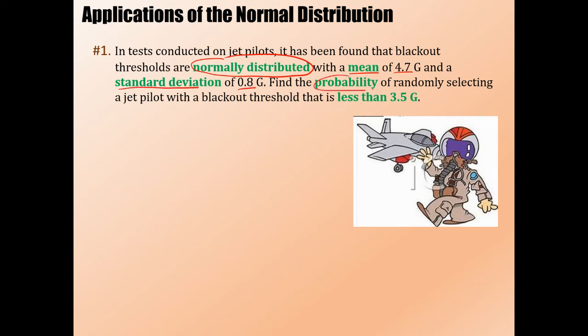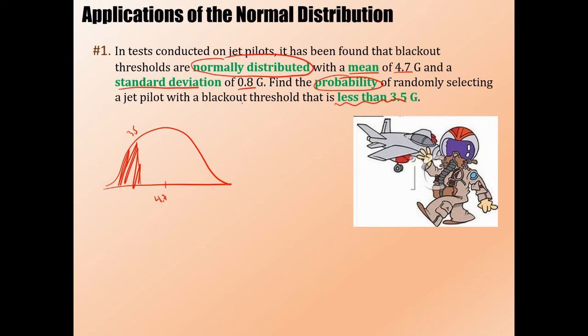Find the probability, the area under the curve, of randomly selecting a jet pilot with a blackout threshold that is less than 3.5. Right now, my mean is 4.7 with a standard deviation of 0.8. I'm trying to figure out, when I'm at 3.5, what is this area? That's really what this question is asking me.